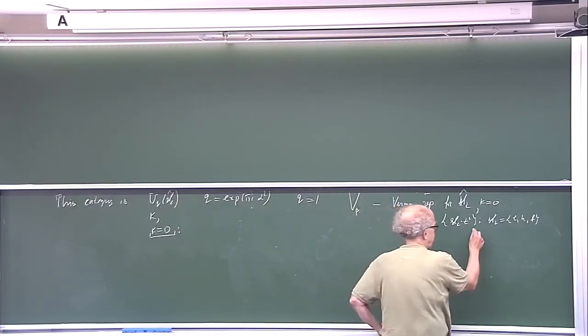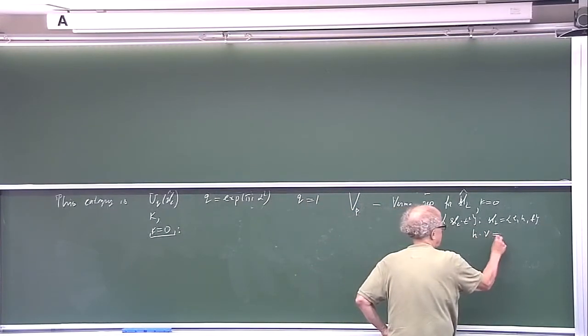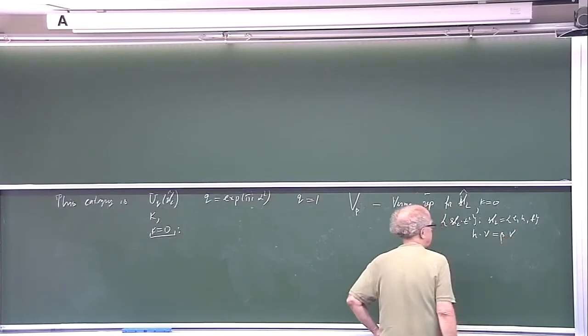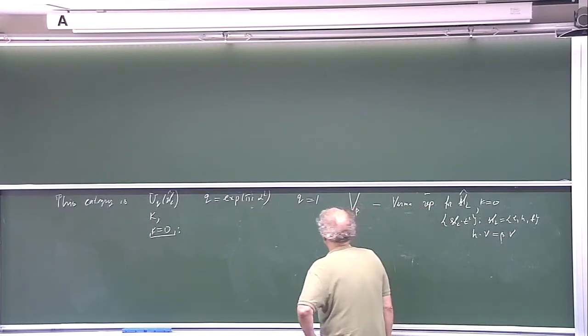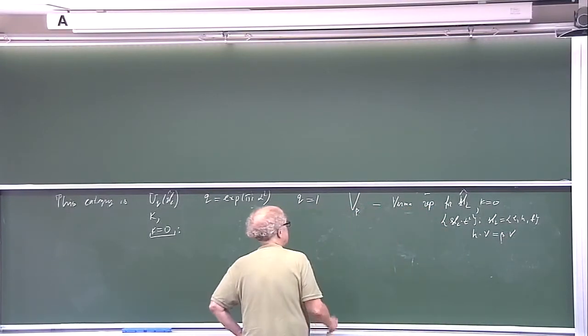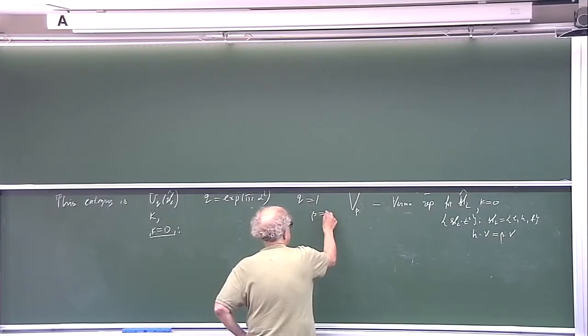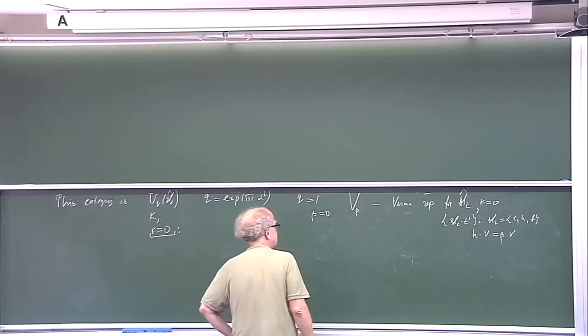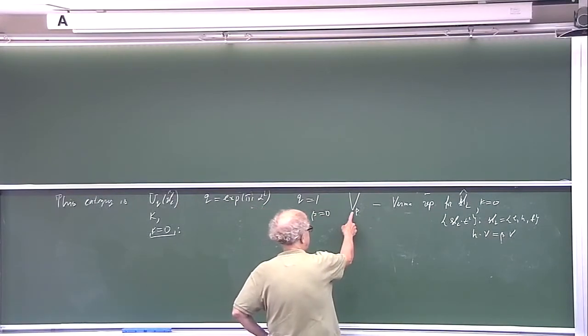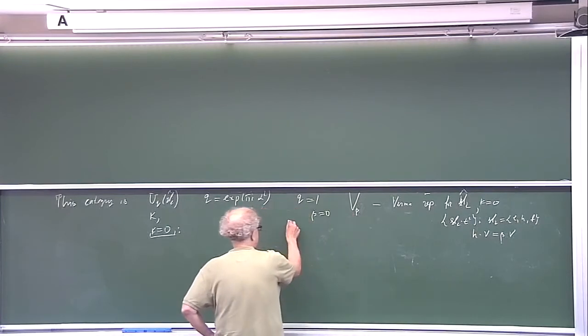The H acting on the highest weight vector is beta times v. Now, suppose beta is 0. Then what is the structure of this representation?